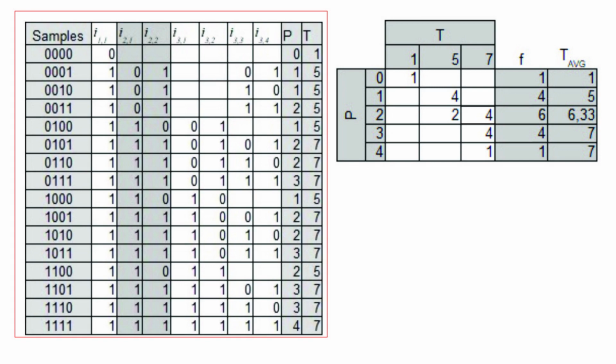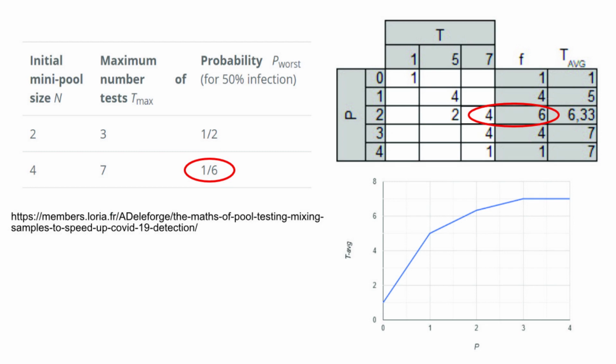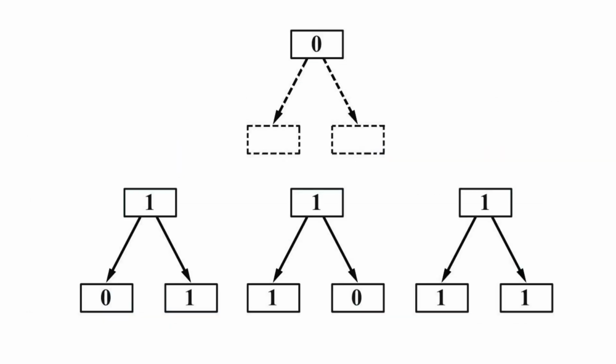And now we can draw a line chart. Juan Dluvoch in his blog wrote that the worst case scenario for 2 positive samples is 1 over 6. But my table shows it's 4 over 6. I contacted him by email, and here's the explanation. There are 4 splitting possibilities.